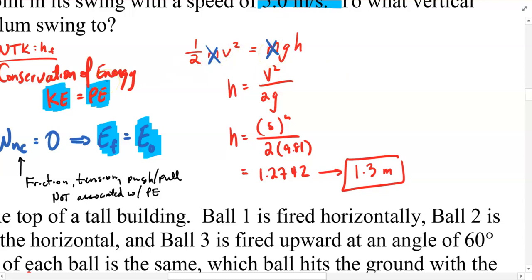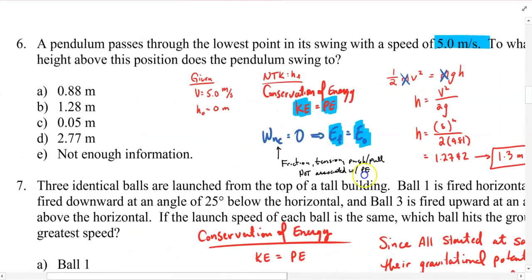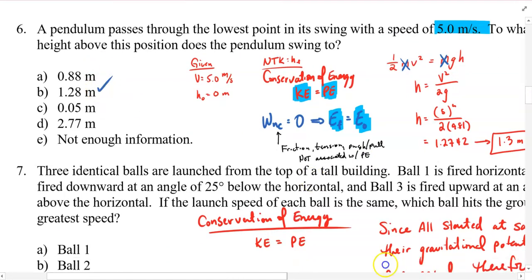Mass is irrelevant in this computation, so we can isolate h by dividing both sides by g, and I have rewritten v squared over 2 instead of 1/2 times v squared. We make our substitution, and it appears that the object at the end of this pendulum should swing to about 1.3 meters, and that does look like a good choice for us here.